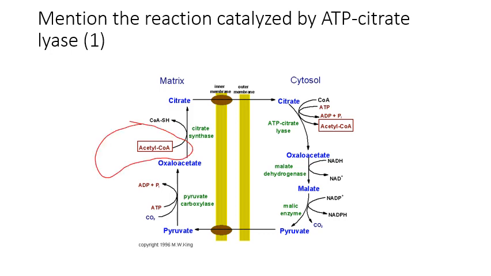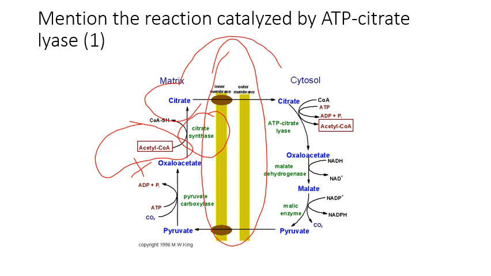So it has to reach the cytoplasm, but the mitochondrial membrane is impermeable for the transport of this acetyl CoA. So it has to go in the form of another thing, that is citrate. For that, the acetyl coenzyme A combines with oxaloacetate by the citrate synthase enzyme and forms citrate. This citrate reaches the cytoplasm where resynthesis of acetyl coenzyme A occurs, and this acetyl coenzyme A will be utilized for the fatty acid synthesis, isn't it?